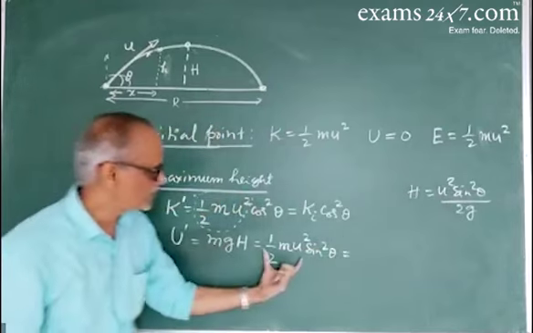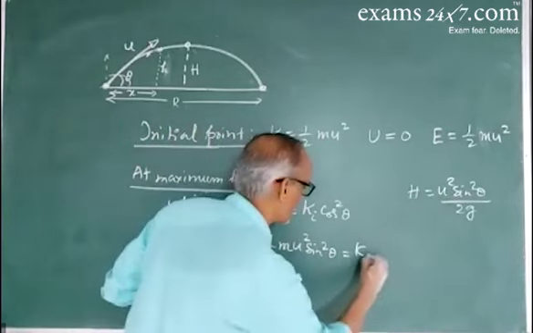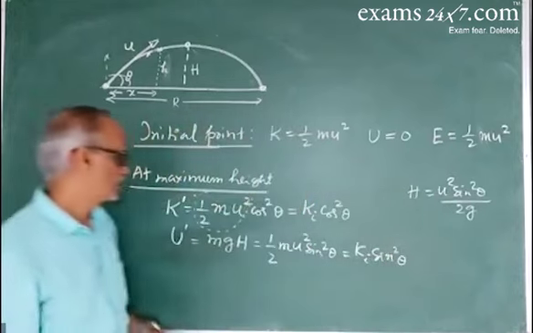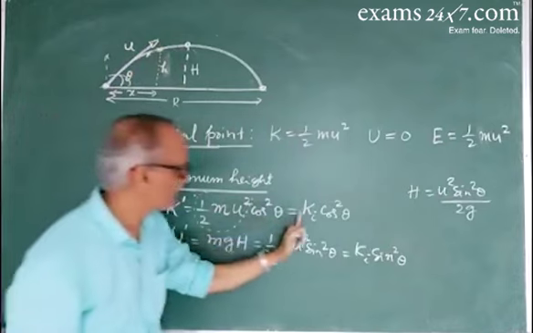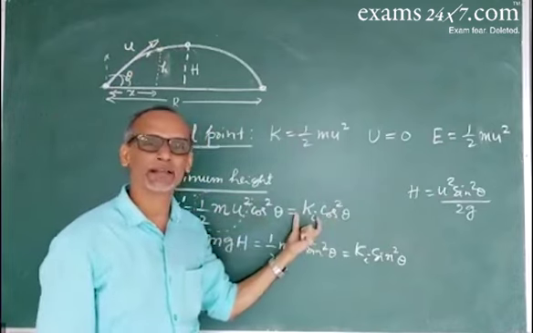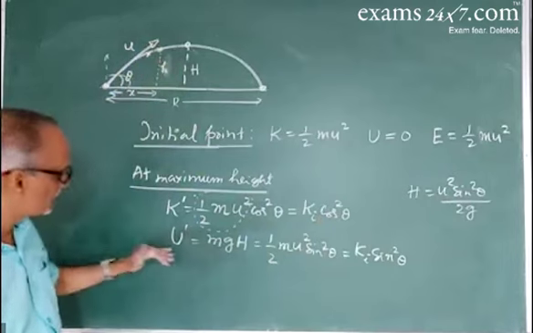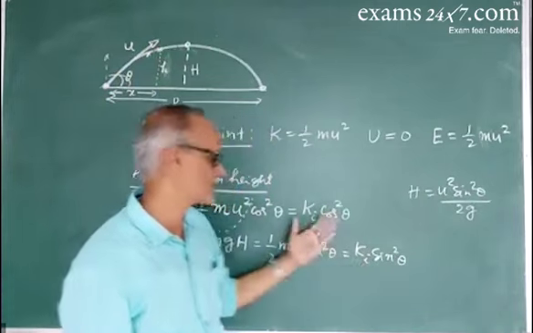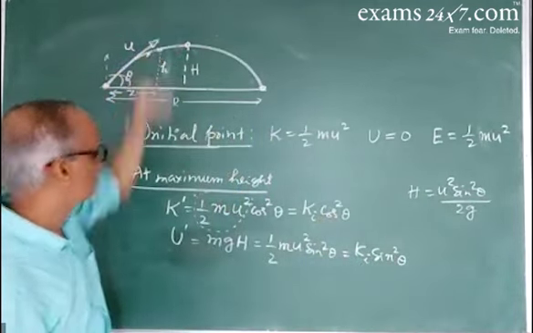Again, half m u square is nothing but the initial kinetic energy. So I can even write it as Ki sine square theta. So kinetic energy at the maximum height is given as Ki cos square theta, where Ki is the initial kinetic energy, and potential energy at that point is given by Ki sine square theta, where again Ki is the same initial kinetic energy. So what is the total energy at that point?